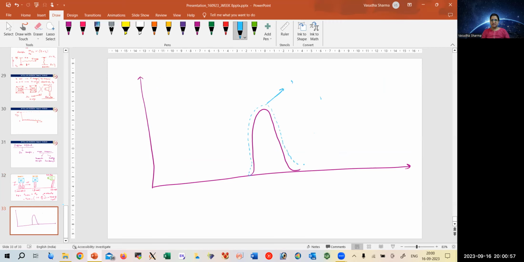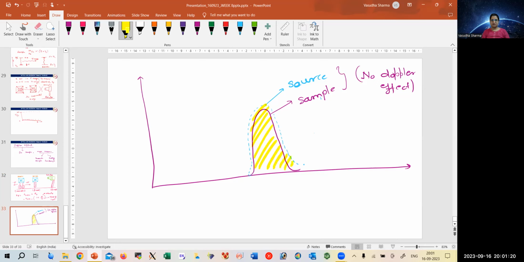So this is my source, and this purple one is my sample. This is the case when there is no Doppler effect. So there would be 100% absorbance, the area highlighted here. No peak detected.